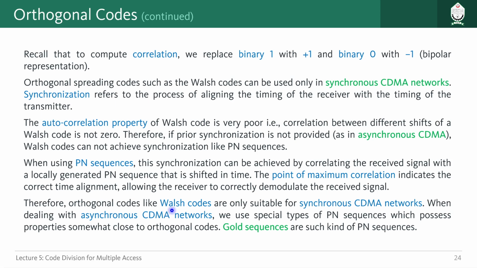Orthogonal codes like Walsh codes are only suitable for synchronous CDMA networks, as I just said. But whenever we are dealing with asynchronous CDMA networks, we have to use special codes which have some properties of PN sequences as well as some kind of orthogonality. These codes are called Gold sequences, which we will generate afterwards and see how that works.